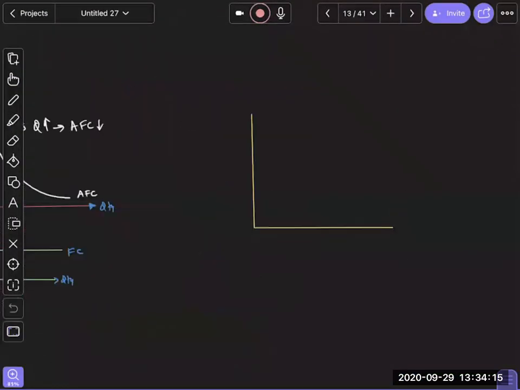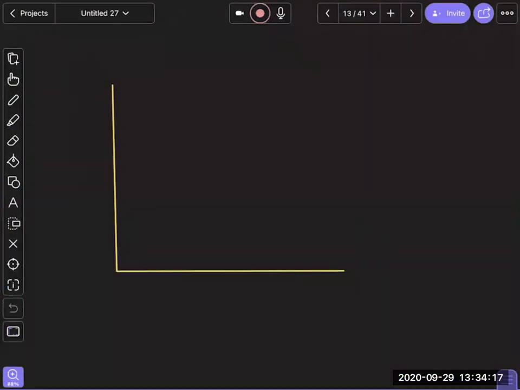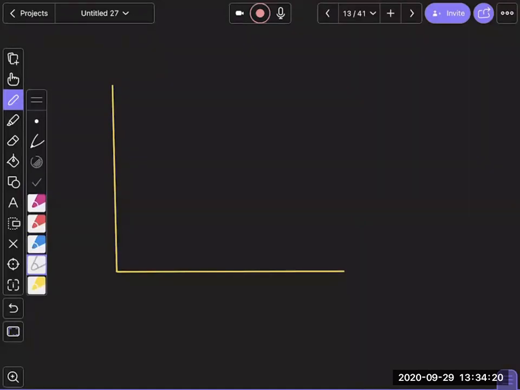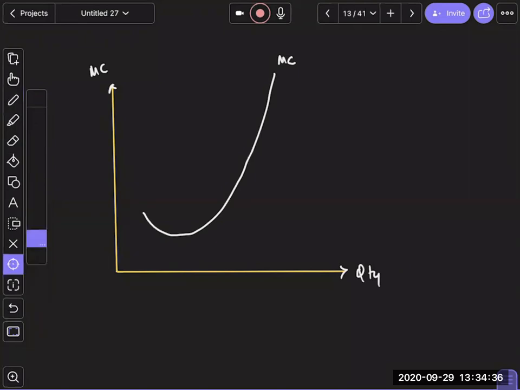So let's draw the graph, guys. Okay, first of all, I'm going to draw my marginal cost curve. Is this how the shape of the marginal cost graph is? Do you all agree with me? Yep. And we know that the law of diminishing returns happens. Now AVC, I'm going to make like this.